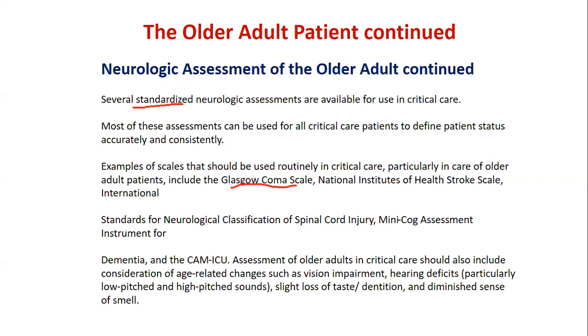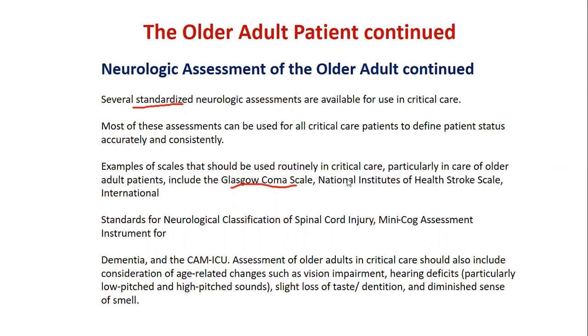And the Glasgow Coma Scale basically assesses a person based on their ability to perform eye movement, speak, or move their body. It is important to know. So I said there are three components: eye movement, verbal response, and motor response. What else? What are the other scales?